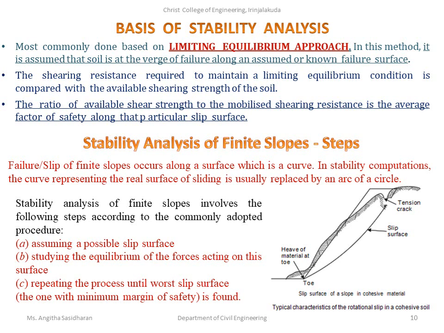So to maintain that extreme equilibrium condition, what is the shear resistance to be given? And what is the available shear strength of that soil? We'll compare it. Then the ratio of the available shear strength to the mobilized shearing resistance is the average factor of safety along that particular slip surface. So we have to find out what is the factor of safety.